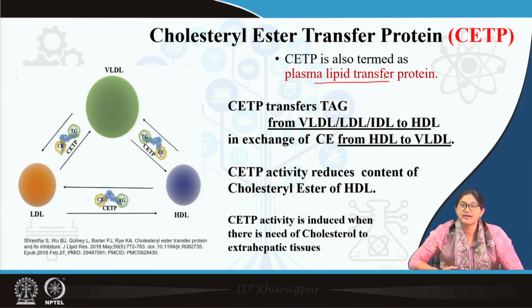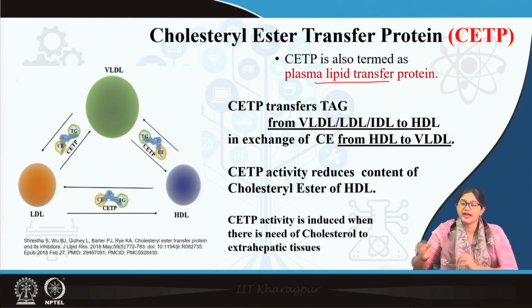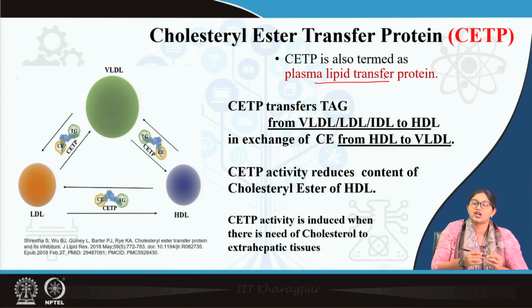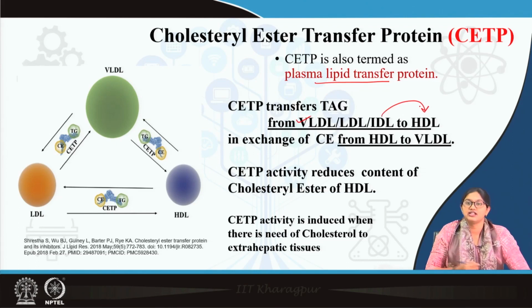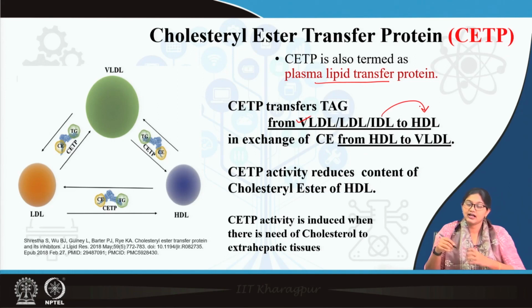How does it transfer lipids? Basically CETP transfers triacylglycerol from VLDL, LDL, IDL to HDL. So triacylglycerol is transferred from these to HDL in exchange for cholesterol ester, which was in HDL and is transferred to VLDL.